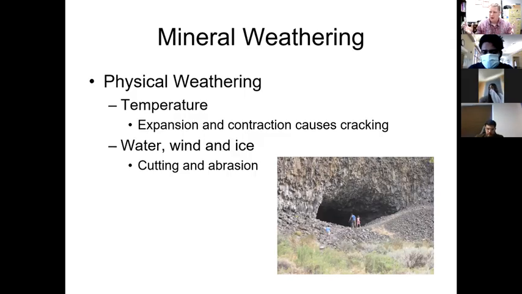And that action of water expanding and contracting over thousands of years can create something like this. So this is an example of what we call physical weathering, where we've got an expansion and a contraction that causes cracking. And this is mediated by water, but it can happen with wind and ice as well.